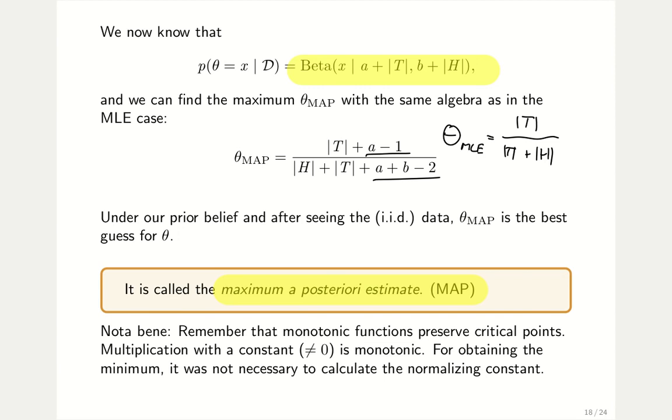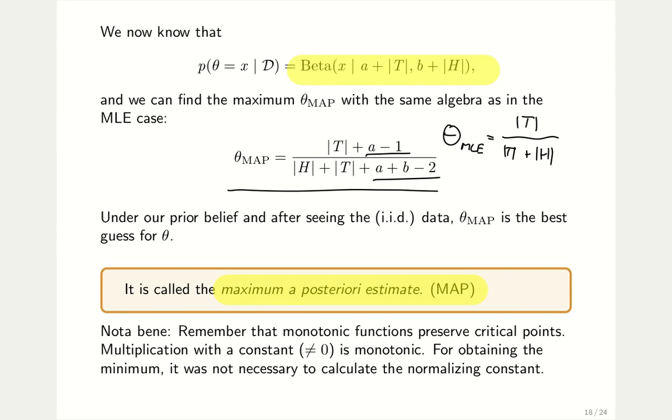Now, notice something very interesting. The posterior actually works very intuitively. If you have very little data, like in our second experiment where we only had 2 coin flips, the effect of the prior is much stronger. So if t and h in this expression are very small, the effect of a and b is very large.